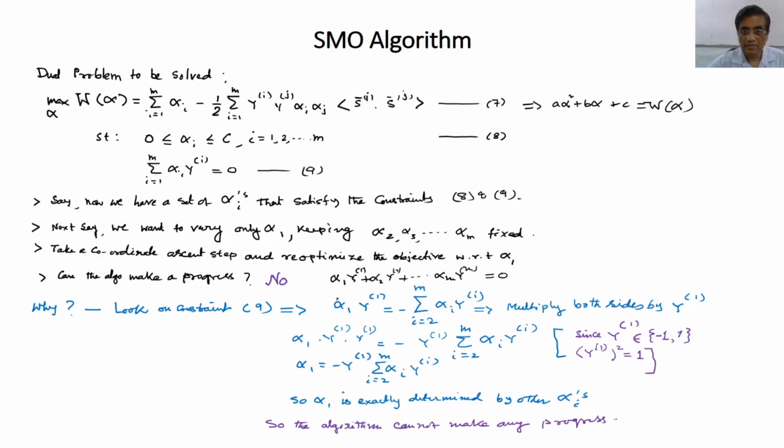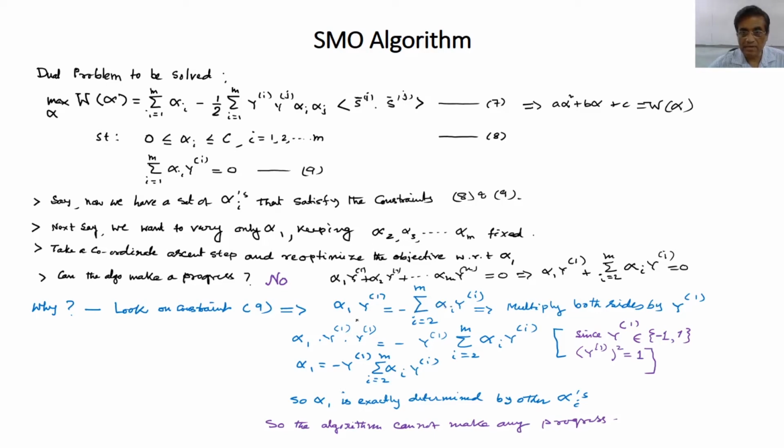Now from here, alpha 1 y1, plus keeping everything from 2 to m, alpha i yi, equals 0. So keeping this here, this will be minus this.